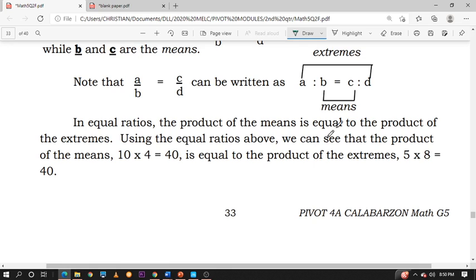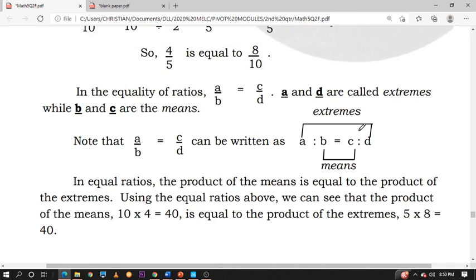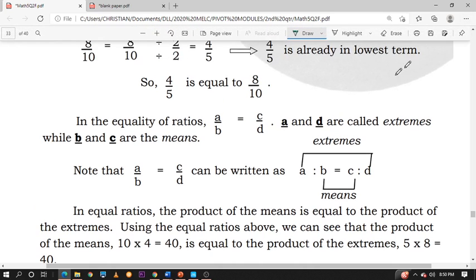Using the equal ratios above, let's see if multiplying the two extremes and the two means gives the same answer. If 4:5 is equal to 8:10, then the product of the extremes should equal the product of the means. 4 times 10 is 40. 5 times 8 is 40.